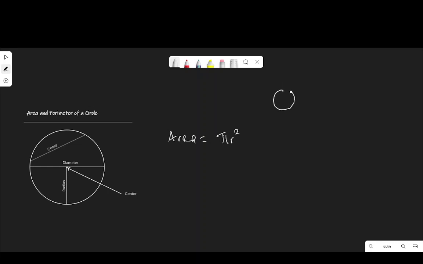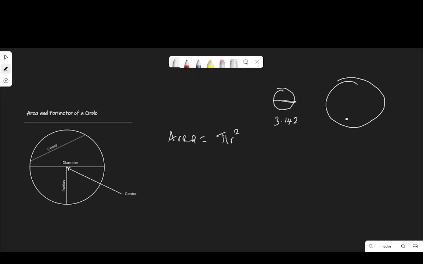This is a circle, a small one, and this is also a circle, a big one.